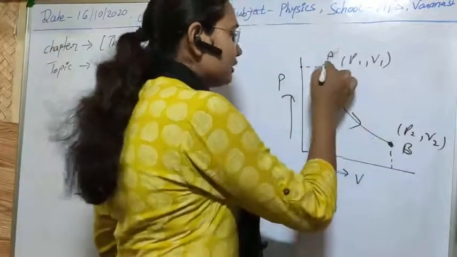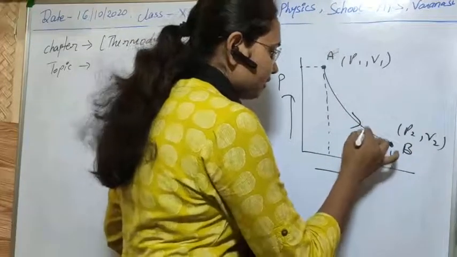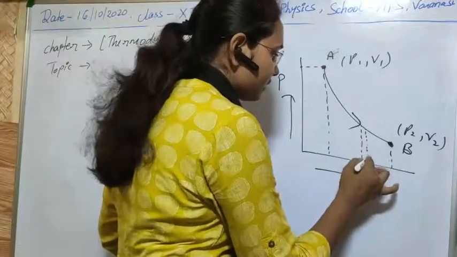Suppose this system is divided into so many strips like this.